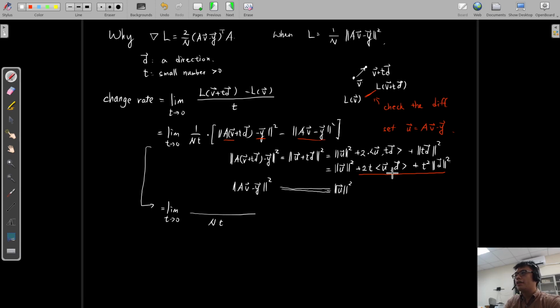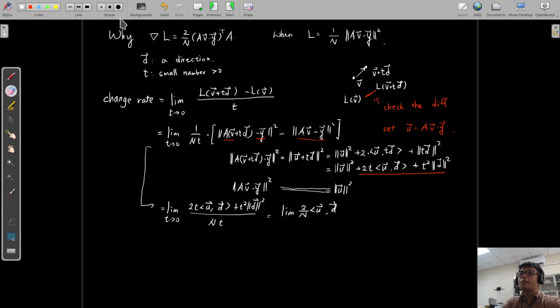We have n t, and then 2t u d plus t squared d squared. It looks ugly, but t and t can be cancelled from the numerator and the denominator. So the first one becomes 2 over n, u and d.